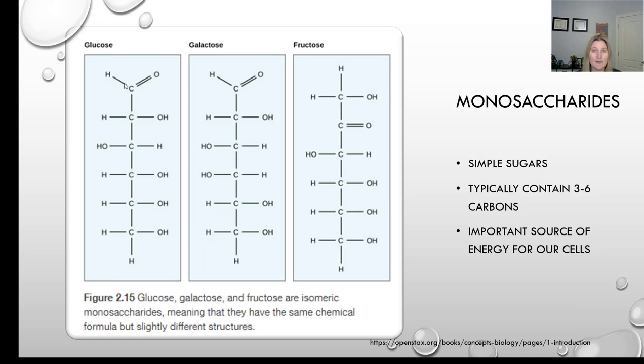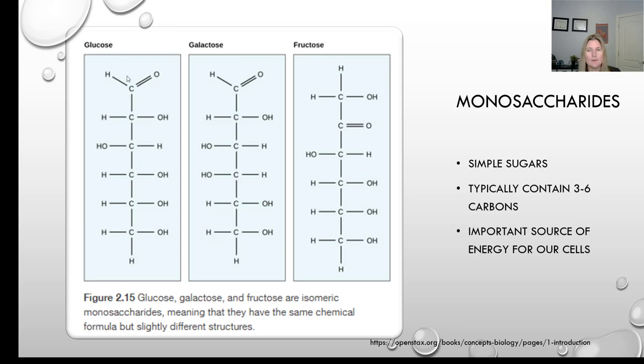It has 6 carbons. It has 1, 2, 3, 4, 5, 6 oxygens. And if I counted them all up, I would see there's 12 hydrogens. So it follows that ratio of twice as many hydrogens to carbons and oxygens. So that's one characteristic. When we are talking about a monosaccharide, they can have as little as 3 carbons and as many as 6. So that's typical.